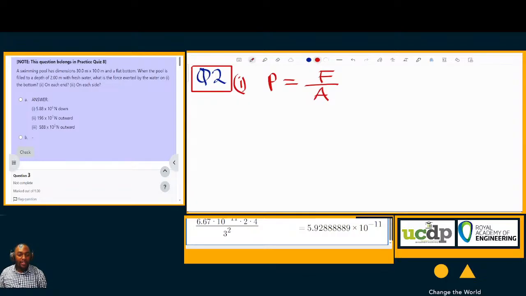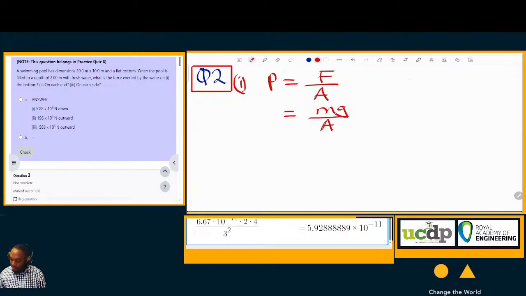But how can we find the force? In this case, that force will be as a result of the weight of the water, right? It will be mg over the area of interest.